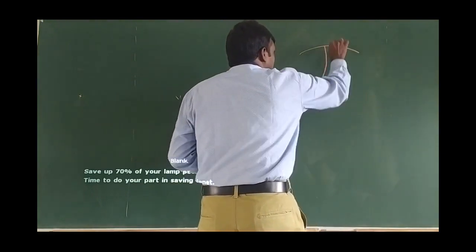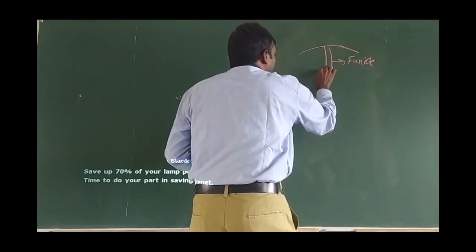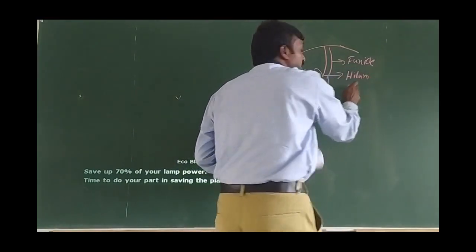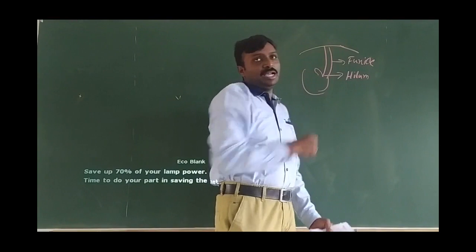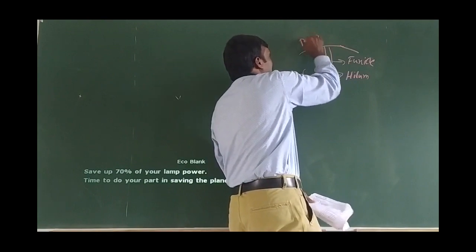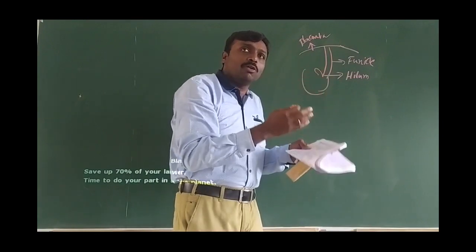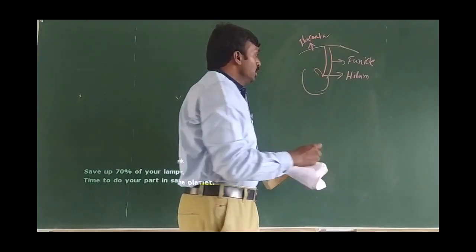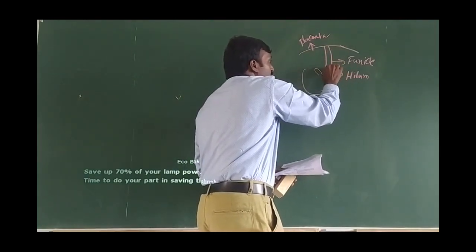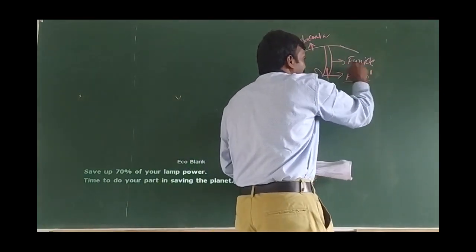From this placenta, a stalk-like structure called the funicle arises, and below the funicle, this junction-like structure is called the hilum, which connects the funicle and ovule to the placenta. This is all seen inside of the ovary. So the funicle is a stalk-like structure. Below the funicle, the junction, the place which fuses the funicle and ovule, is called the hilum.